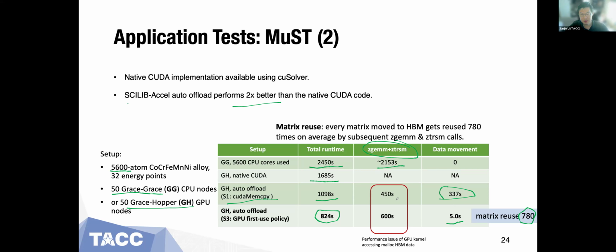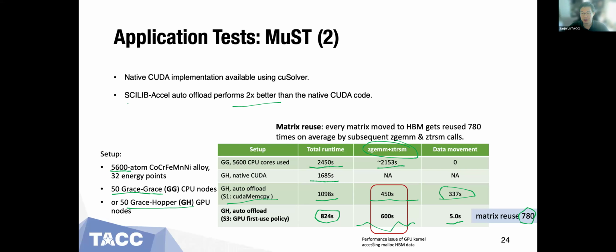You may notice these two BLAS times are different. They really should be the same because it's all GPU doing calculation on the same data. This is a performance bug. When I do the CUDA memcpy, data is managed by the GPU's memory management unit and allocated by cudaMalloc. But when I do the automatic offload, what I use is malloc data on the HBM, even though it's the same memory hardware, just allocated differently.